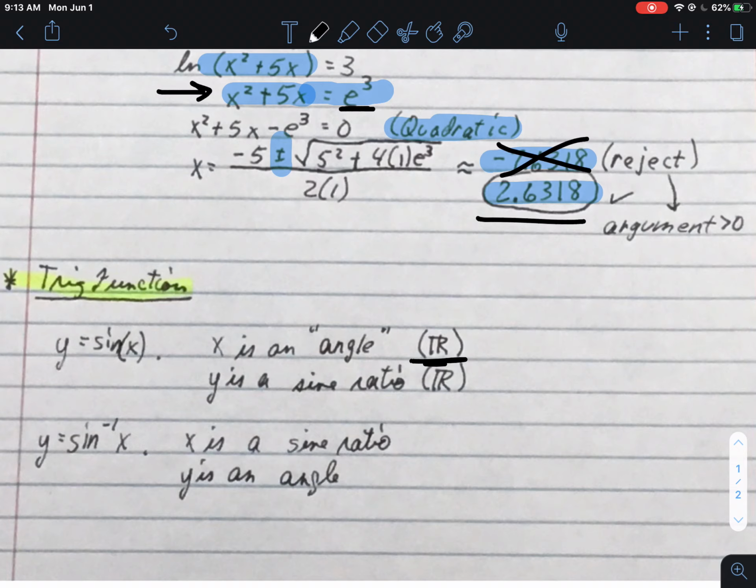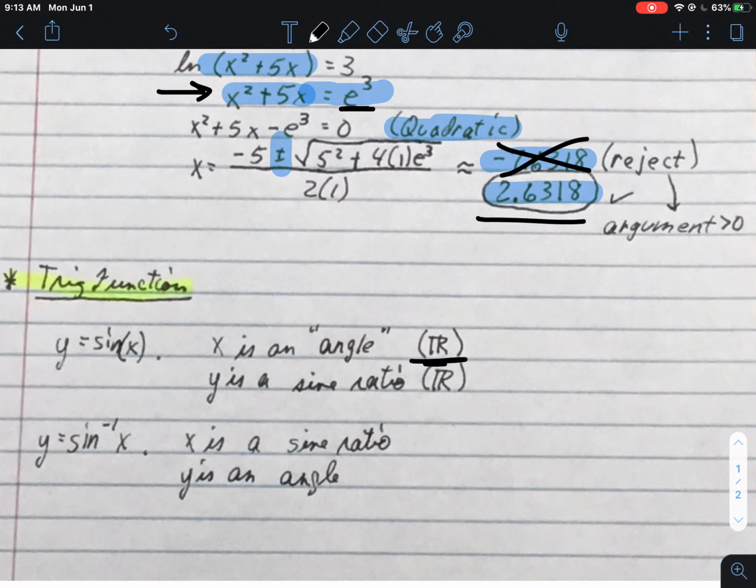In calculus, everything that we do involving trig functions is done using radian measure. We don't use degrees for anything in terms of calculations. So you should set your calculator to radian mode, and you shouldn't have any reason to change that when we're dealing with any of our trig functions. So make sure that's set appropriately.